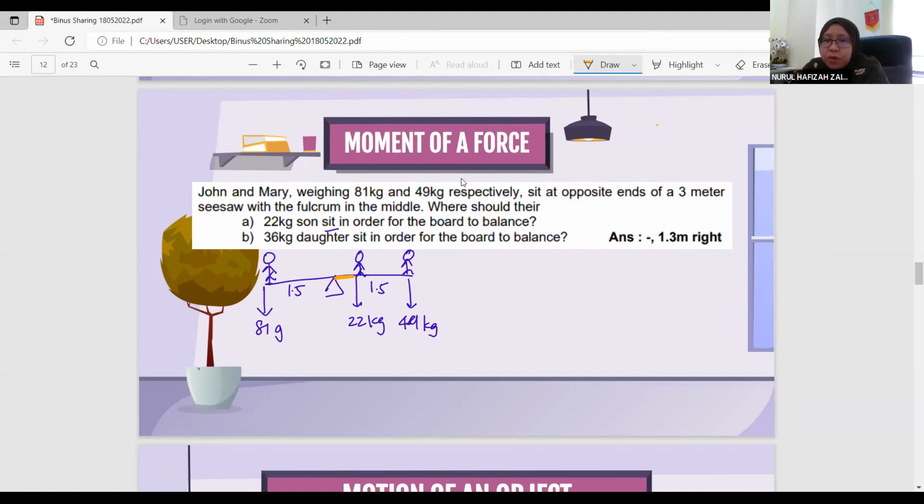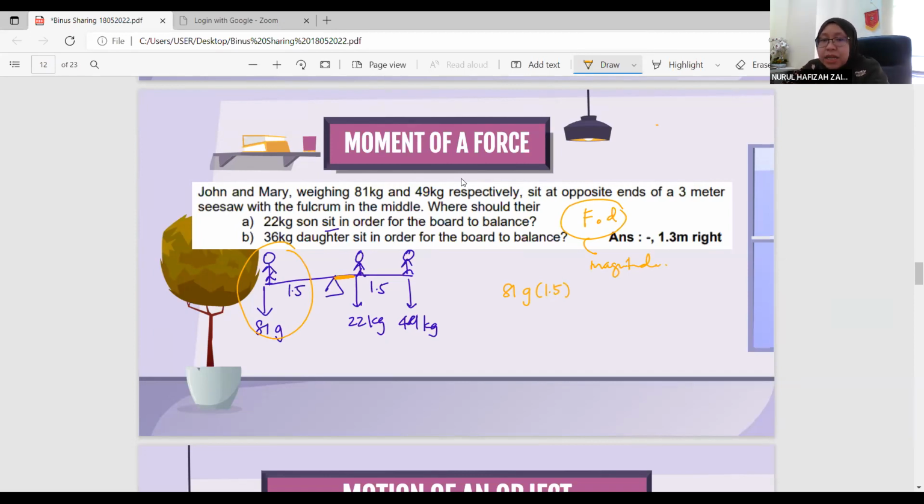So for the moment of a force, the formula is force times d, right? Force times d is a scalar, so this is a magnitude. If we're going to find the moment of John, it is 81g times 1.5. This is the magnitude. But how about the vector?